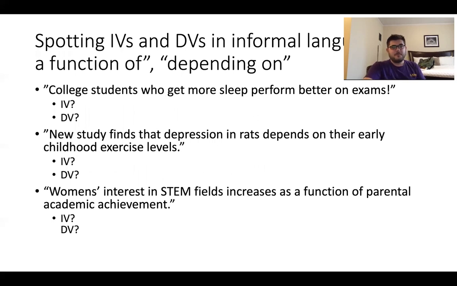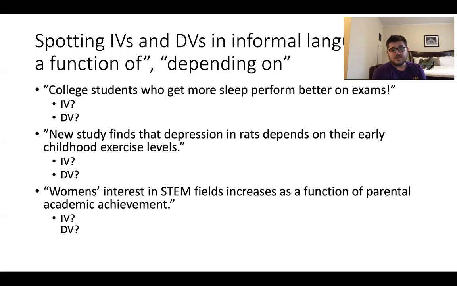You all were smart. Okay, so here are a couple more examples. College students who get more sleep perform better on exams. What's the independent variable? What's the dependent variable? A new study finds that depression in rats depends on their early childhood exercise levels. Can you tell me which one's the independent variable and which one's the dependent variable?